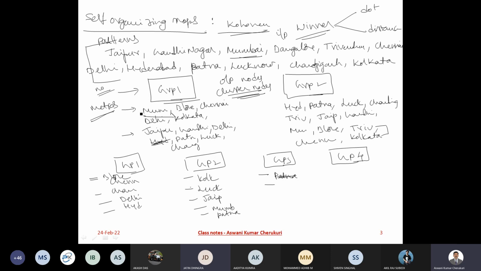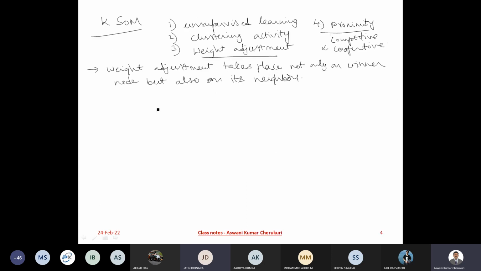Remember one thing: while groups are settling during the training process, you may have patterns moving here and there. But when the network settles down, finally you will have the groups. Not after one iteration will you say that your learning is done. When your final iterations are completed, you can say that the clustering is complete and the learning is complete.